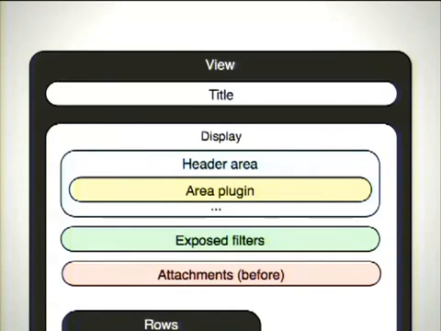At the top of the display of the view, we also have exposed filters, which we saw in one of the screenshots earlier, which will often be a form that allows the site visitor to further filter and reduce the results in the view. Then there are views attachments.